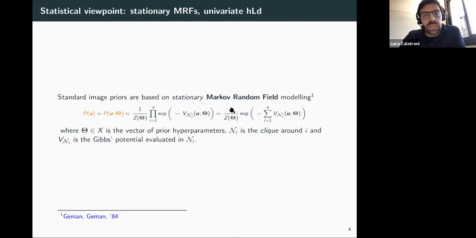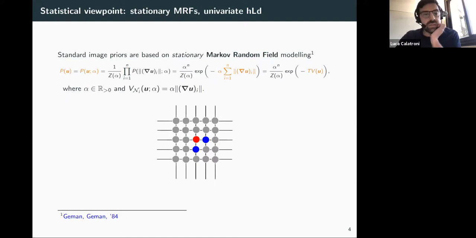There is some normalization constant, and then I have a negative exponential form where the quantities appearing here are called Gibbs potentials, defined on some neighborhoods of each point i, called the clique of the point. So what I'm saying here is that the Gibbs potential is acting on the clique and takes as input my image u, and its form depends on the hyperparameters that are now called theta.